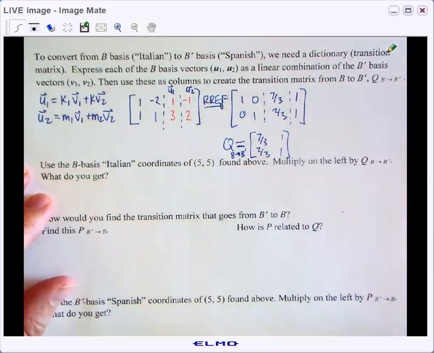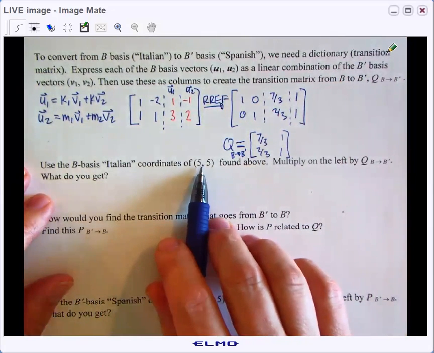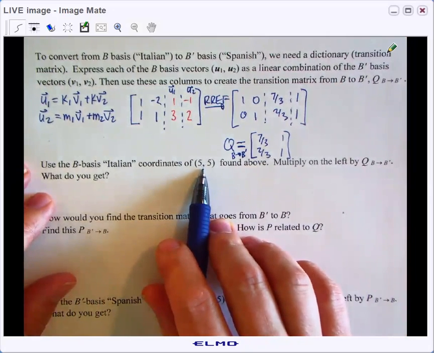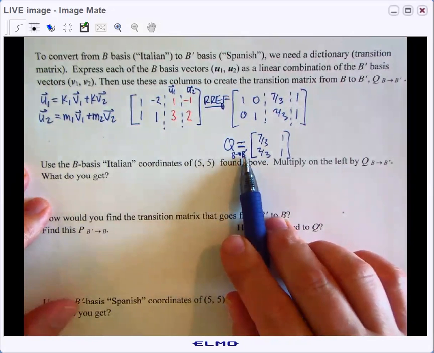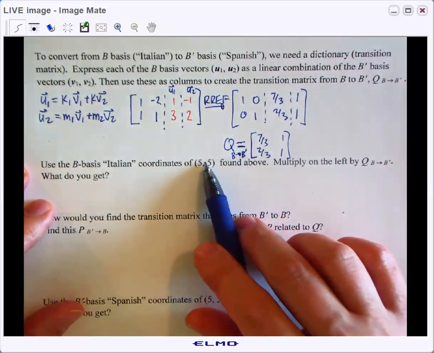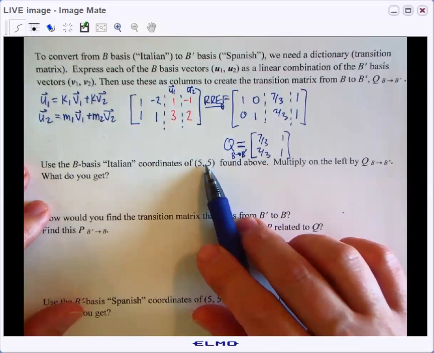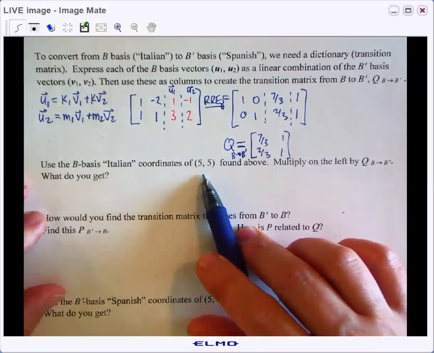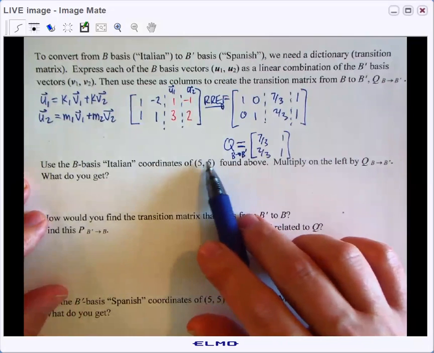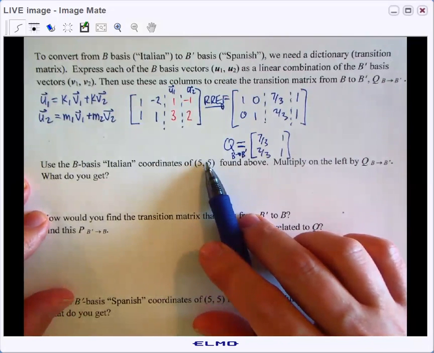Okay. So we're going to take the vector 5, 5, which was given in English. Before I can use my Italian to Spanish dictionary, I have to convert my English word into an Italian word. So for example, the word apple. In English, the word is apple. To convert that into Italian, I then have to know that that is mela.